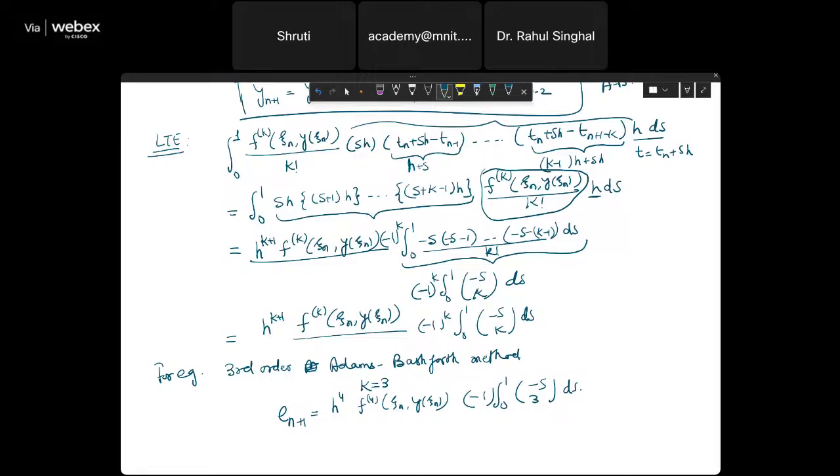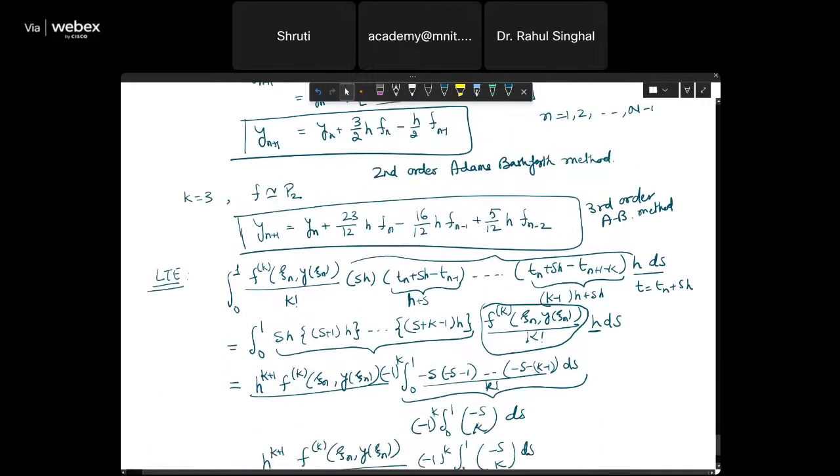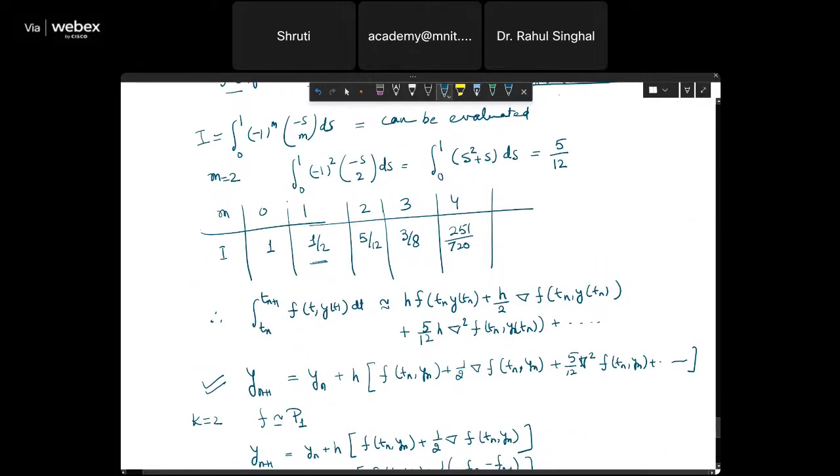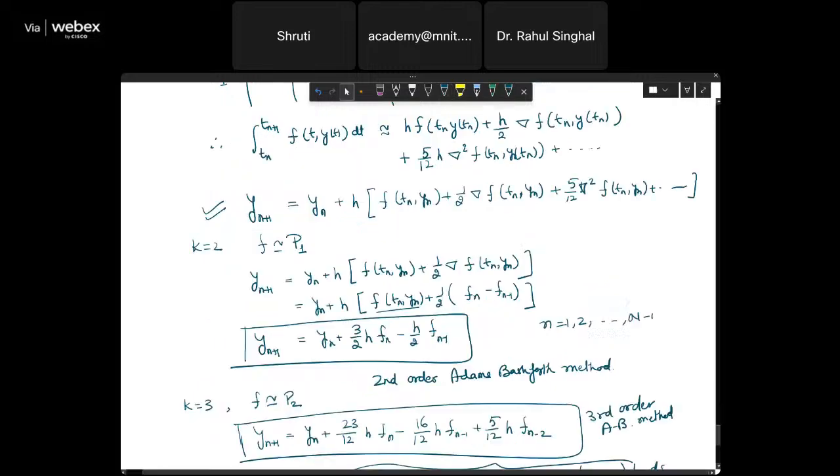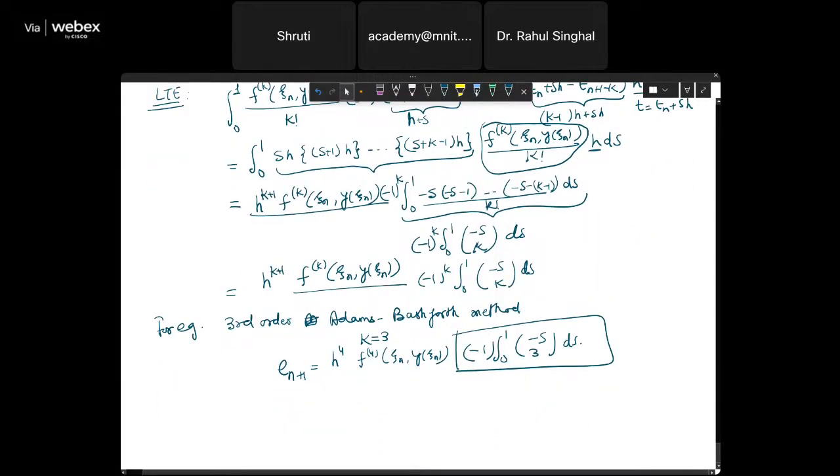Then if we calculate this integral, or you use the list which we have made for different values of m, in our case now k is 3, so it will come out as 3 by 8. So this can simply be replaced by 3 by 8, and we end up with 3 by 8 h to the power 4.